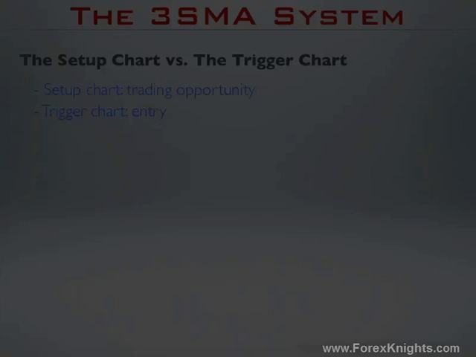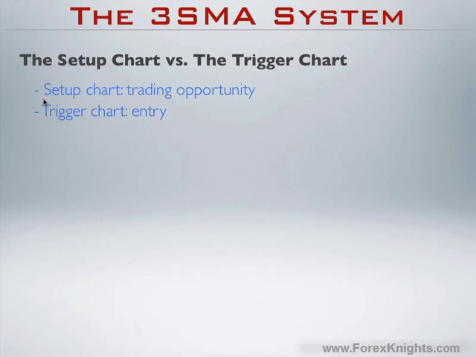Okay, let's start off with the setup chart. The setup chart is a time frame where we spot the trading opportunity. Since we are talking about the 3 SMA system, the setup chart would be the time frame the trend belongs to, the trend where the moving averages are parallel to each other, pointing in the same direction, etc. That's going to be our main time frame of reference.